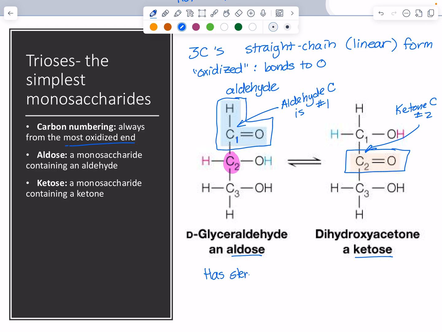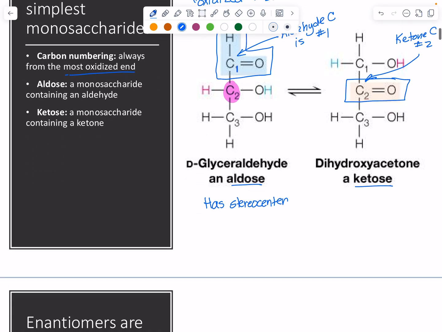Now we're going to get into one of the reasons why carbohydrates have so much diversity: they can have a diversity of stereochemistry. So we're going to talk about stereochemistry now.